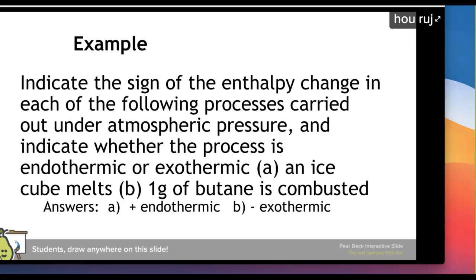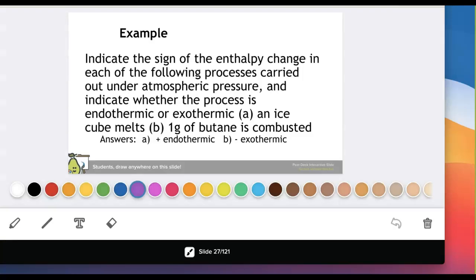So if I were to say, indicate the sign, just positive or negative, of the enthalpy change, where delta H means enthalpy change, for the processes, and tell me whether it's endo or exothermic. If an ice cube melts, that's because it absorbs heat. Heat goes into the ice cube and pulls the ice cube apart.